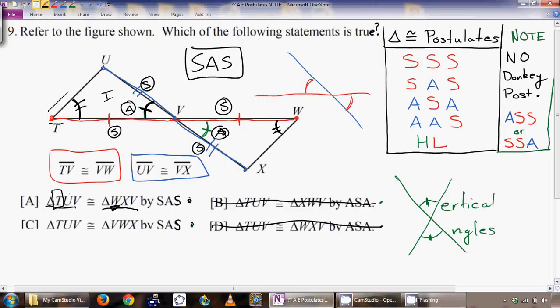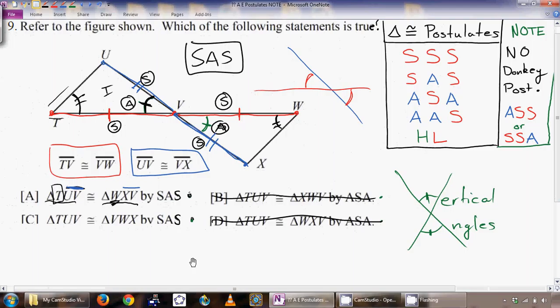Let's check a segment. Let's do UV. That's the blue one. So UV, my blue segment, should be congruent to XV. Oh, my blue segment. This one looks like it's gonna work, right? Let's circle it, all right? Let's hold off. We're not gonna fully box it off. Let's check the next answer choice and see if we can rule it out.